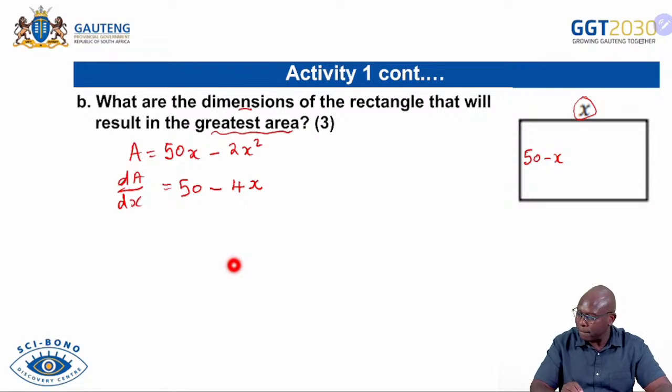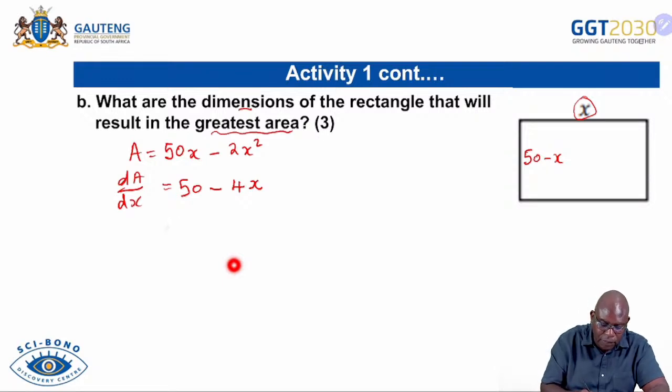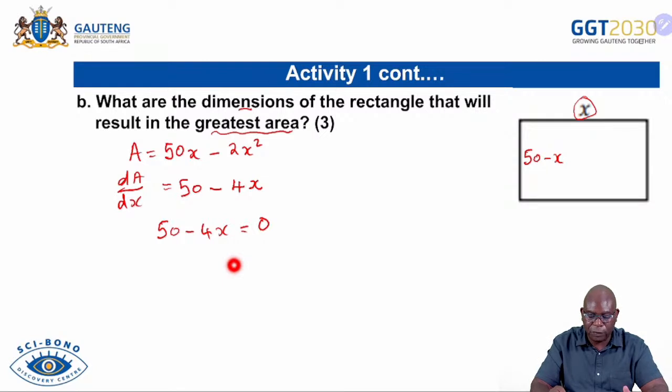So it's 50 minus 2x. Now how am I going to get the dimensions there? I'm then going to say, okay, here it's going to be 50 minus 4x equals 0, because when I differentiate it, I said 2 times 2, and that will be 4, and then we have a 1 there.